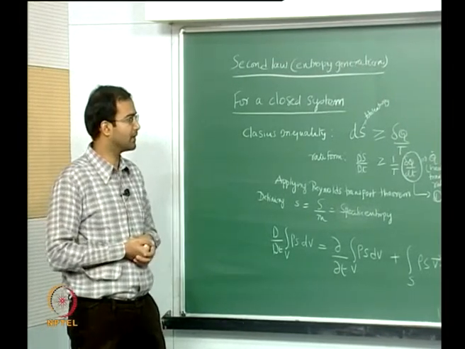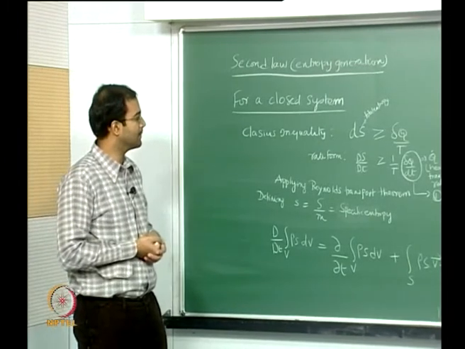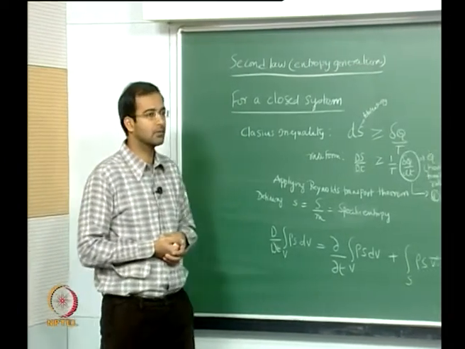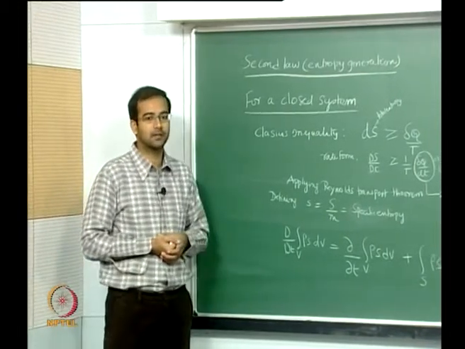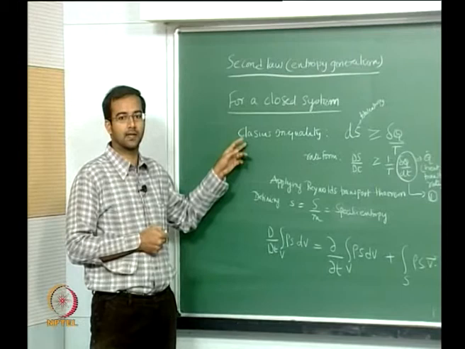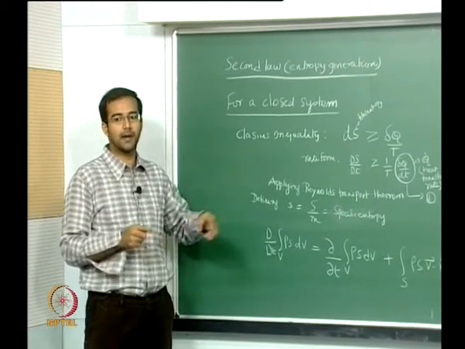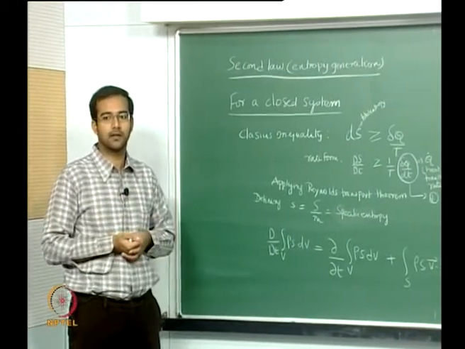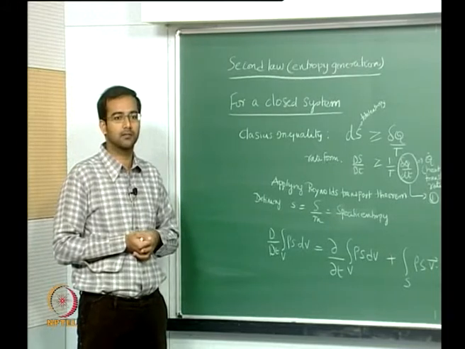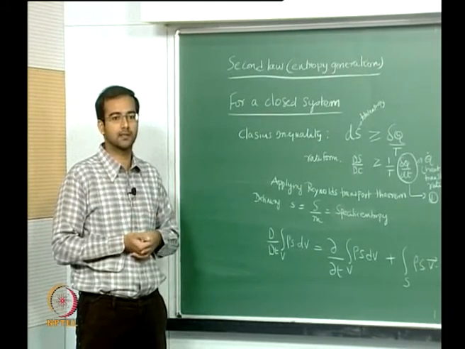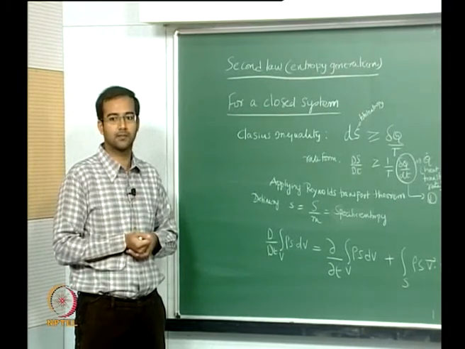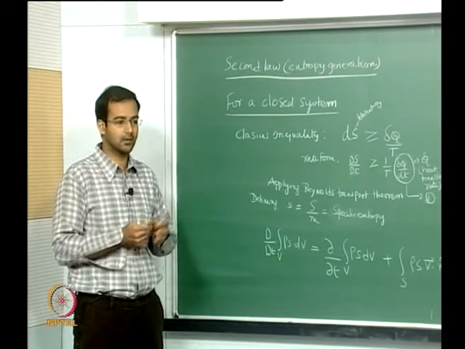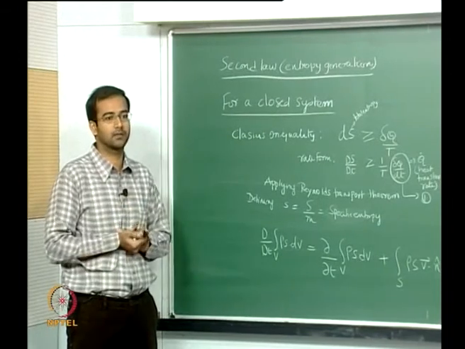After we have looked at the first law, it is also very important to look at the second law, because as we all know, most of the time we stop with the first law without too much botheration to the second law. But if you look at any practical heat exchanger device, entropy generation is very important. There are a lot of irreversibilities within the system, and we have to quantify the extent of these irreversibilities, and we should also identify the sources of the irreversibilities.